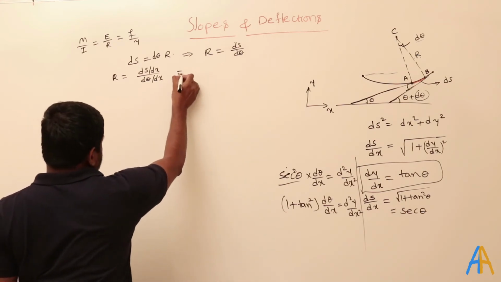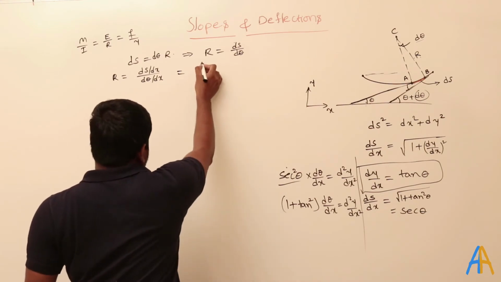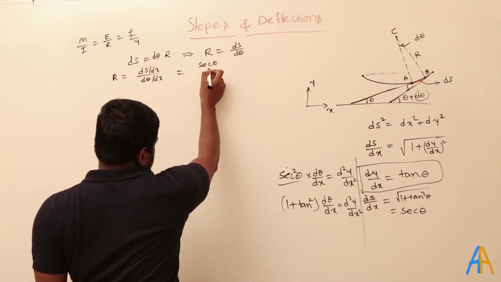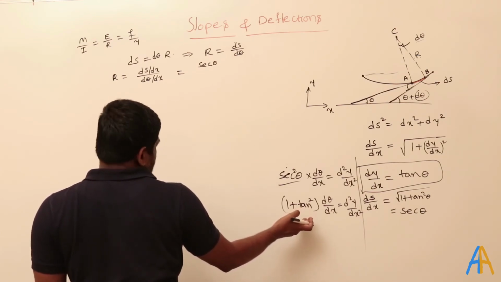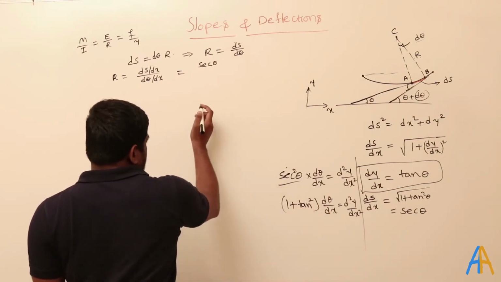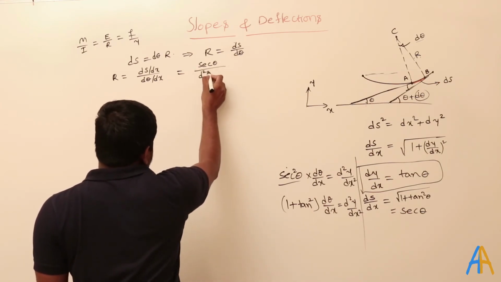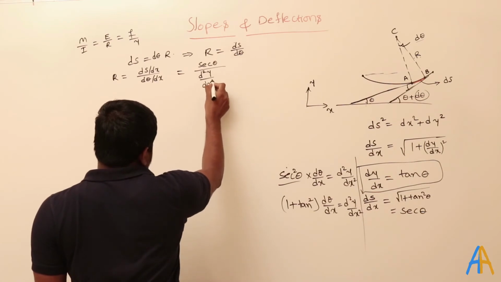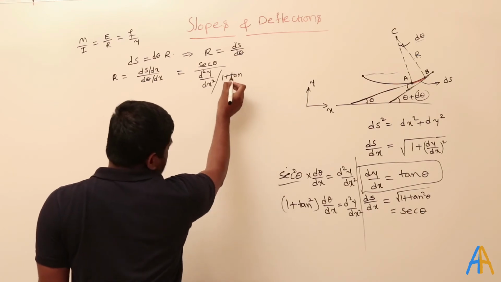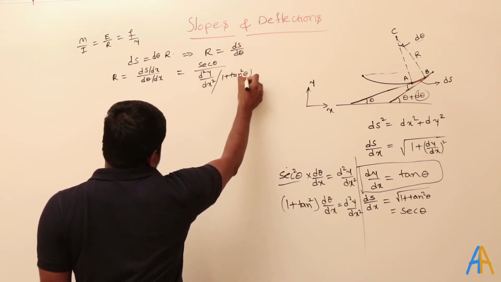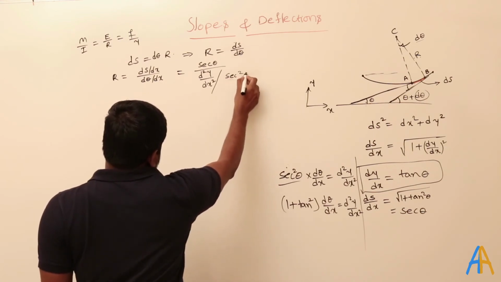When I substitute, what is ds by dx? ds by dx is nothing but secant theta, divided by d theta by dx. d theta by dx is nothing but d square y divided by dx square divided by 1 plus tan square theta, otherwise I will keep it as secant square theta.